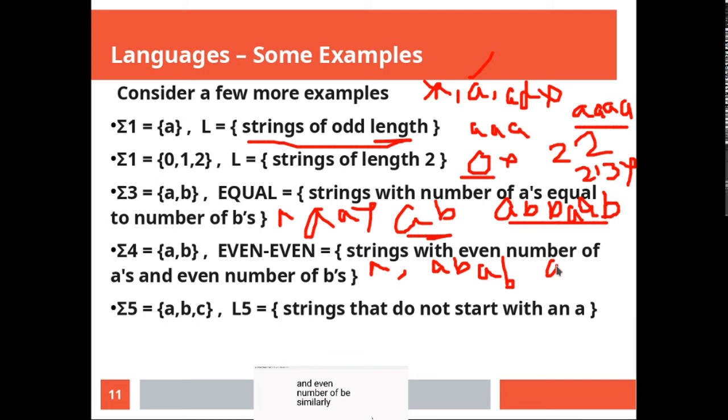Similarly, if I say A, B, B, A, this is also a part of the language. Why? Because you have 2 A's and 2 B's, which is even.